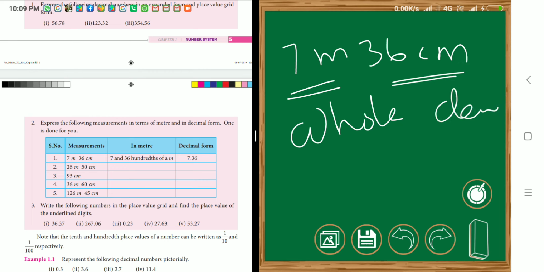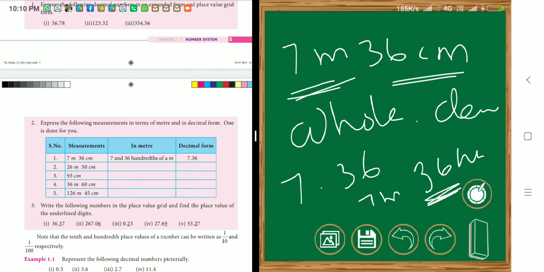You must write it in decimal form like this. So 7.36 is the decimal form. The same thing in words means 7 meter 36 hundredths of a meter. Why? Because 1 meter is divided into 100 parts. From the 100 we have taken 36.